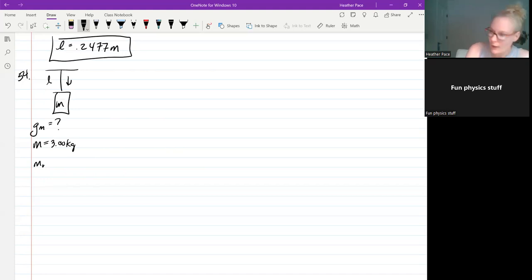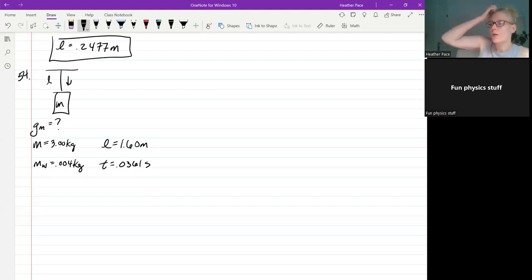The mass of our wire is 0.004 kilograms. We're given L equals 1.6 meters, and T equals 0.0361 seconds. I think that's everything we're given.